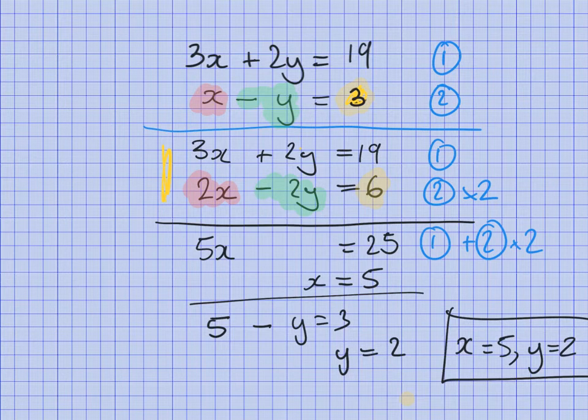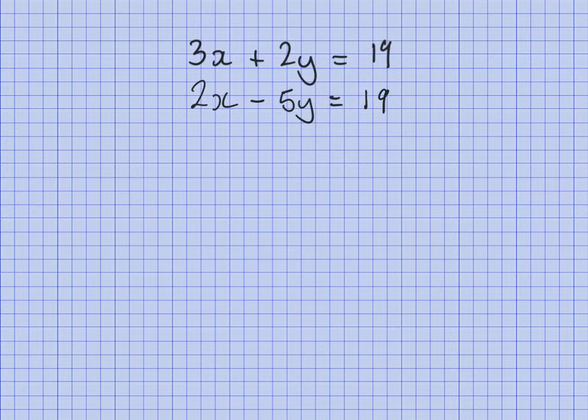Let's clear this and try one more. Right, so we've got another simultaneous equation. This time 3x plus 2y is 19 and 2x minus 5y is also 19. The important thing that's different about this one is that we have to scale up both equations.